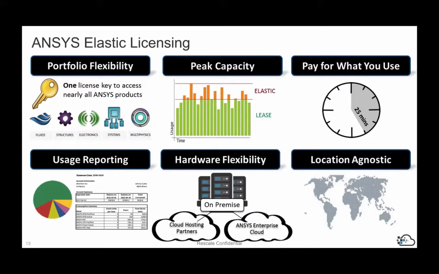Essentially, you buy a number of elastic units, and from this pool, each ANSYS product consumes a number of these elastic units per hour, or any fraction of an hour, down to a minute, and you pay per minute. It is similar to buying a coffee card from Starbucks, where you also invest up front in a defined amount of elastic access. This is very similar, but now with ANSYS software.